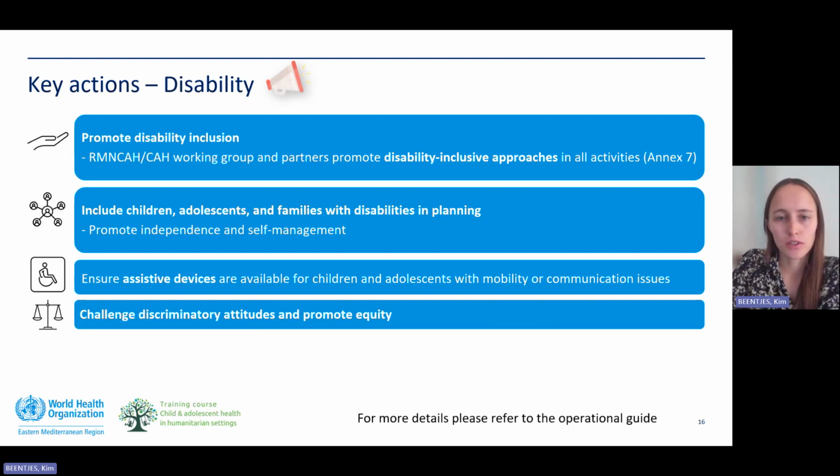Then we should also include children and adolescents and their families into the planning of disabilities during humanitarian action. And in this, we should promote independence and self-management. We should also ensure that assistive devices are available for children and adolescents that have mobility or communication issues. And we should challenge discriminatory attitudes and promote equity.